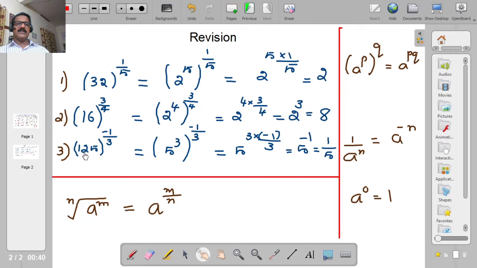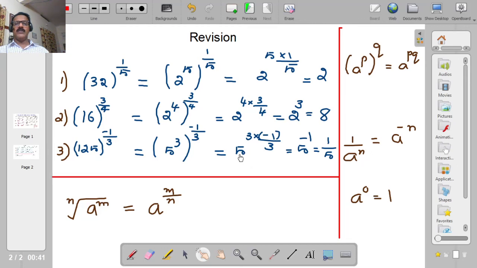The next is 125 raised to minus 1 upon 3. We know that 125 is equal to 5 raised to 3. So 125 raised to minus 1 upon 3 is equal to 5 raised to 3 the whole raised to minus 1 upon 3. This is of the form a raised to p the whole raised to q, which is equal to a raised to pq.